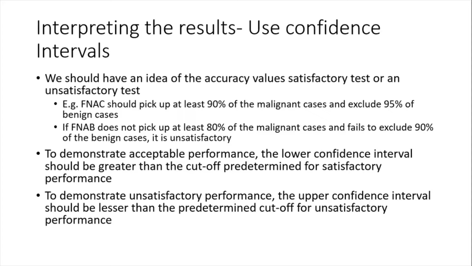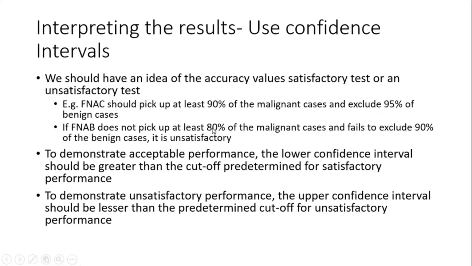Now, to demonstrate acceptable performance, I've already told you, we make use of confidence intervals. For acceptable performance, we use the lower confidence intervals. The lower confidence intervals should be greater than the acceptable cutoff. That is, in the first case, the lower confidence interval of the sensitivity should be greater than 90%, and the lower confidence interval of the specificity should be greater than 95%. For an unsatisfactory result, the upper confidence intervals are used.